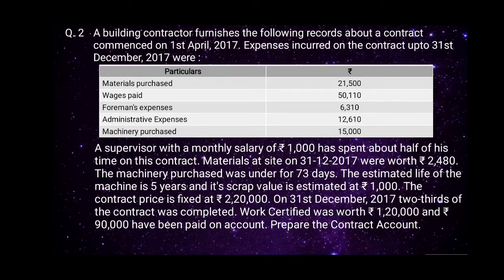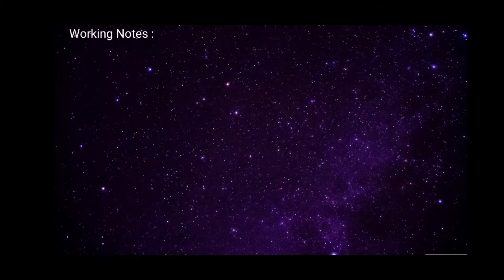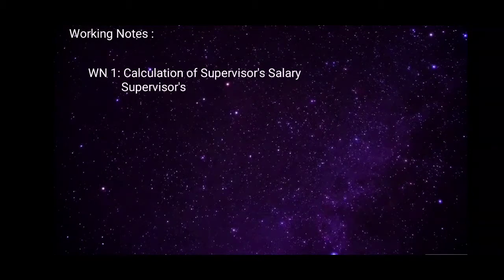Next, a supervisor with a monthly salary of rupees 1000 has spent about half of his time on this contract. So let us prepare a working note for this. Working note number 1. Calculation of supervisor's salary.